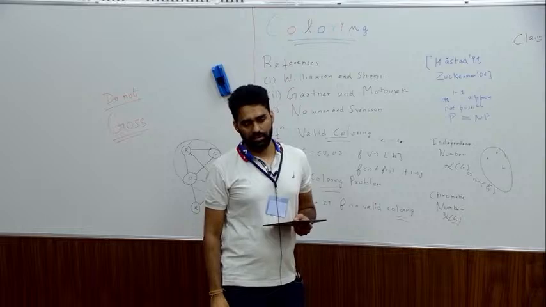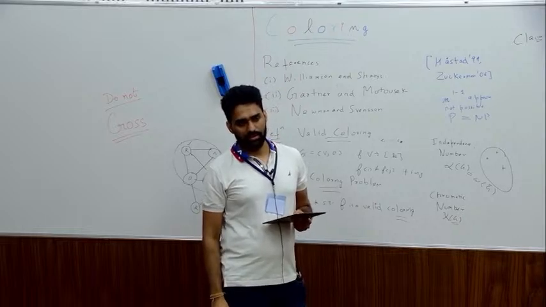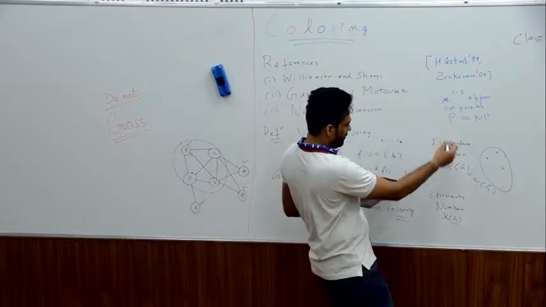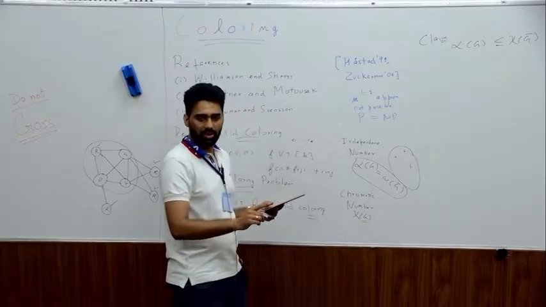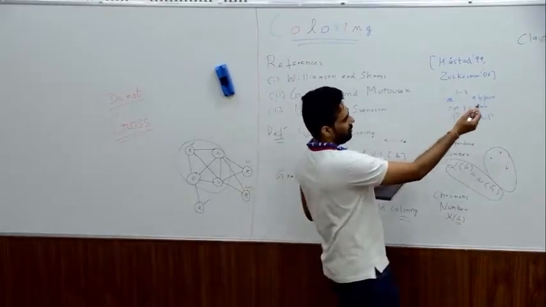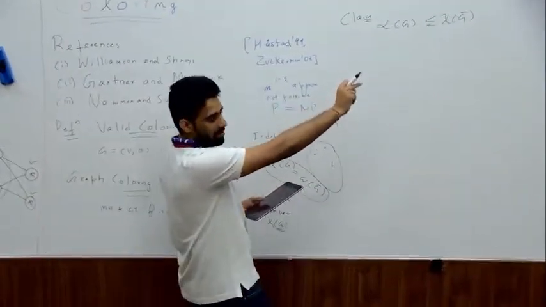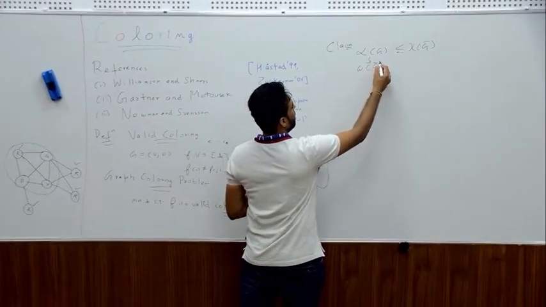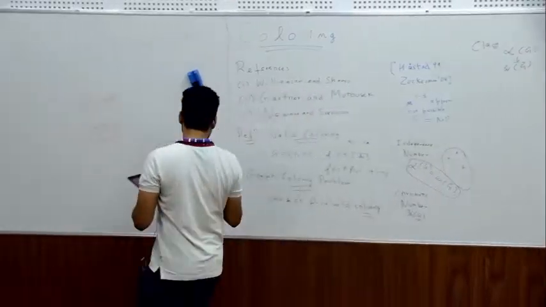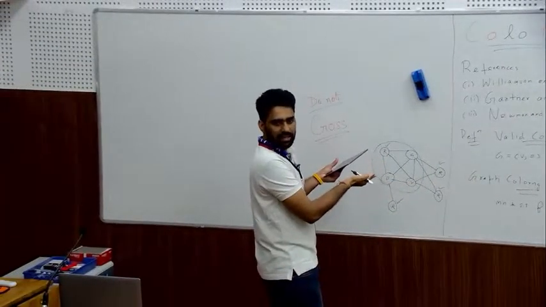Because if there is a clique of that size, then we need at least that many colors. Just use this connection. Alpha of G is the clique number of G bar, and as we made this observation, if you have a clique, you need at least that many colors.